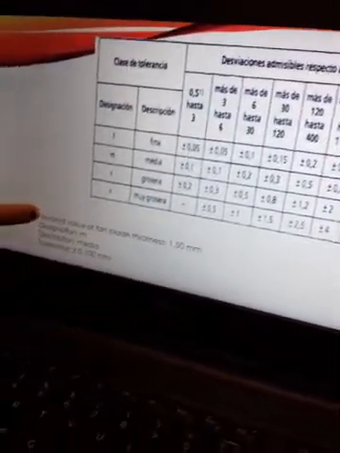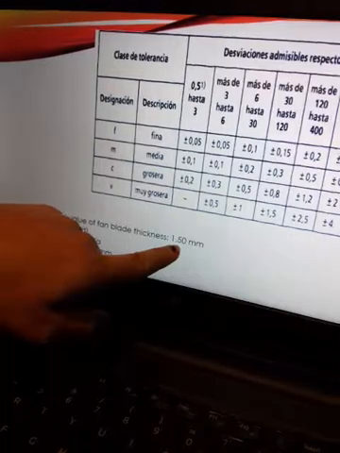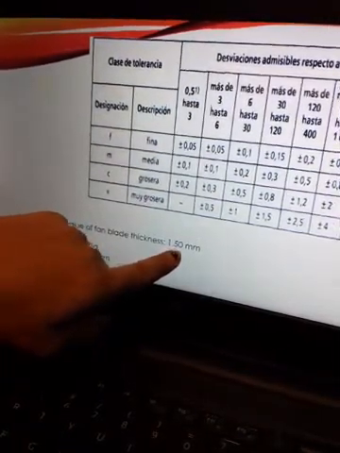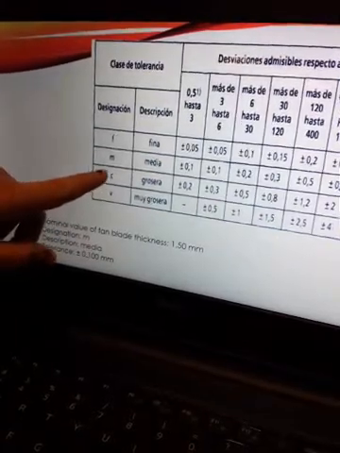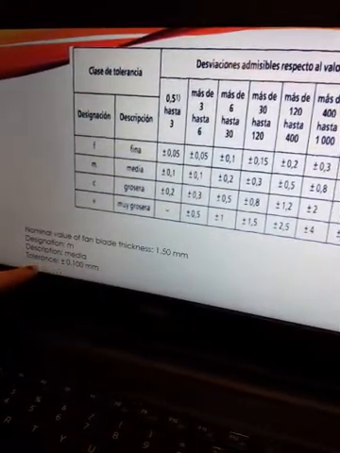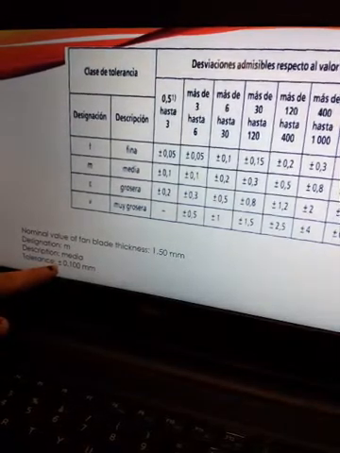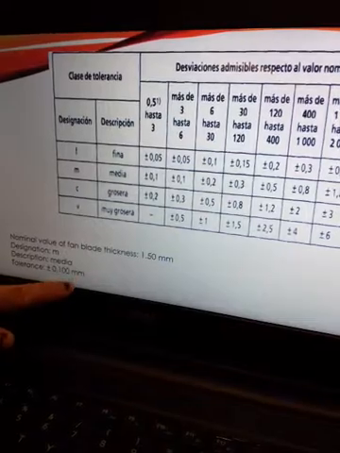So the nominal value of unblended thickness was 1.50 millimeters, and they designate M, medium, with a tolerance of plus or minus 0.100 millimeters.